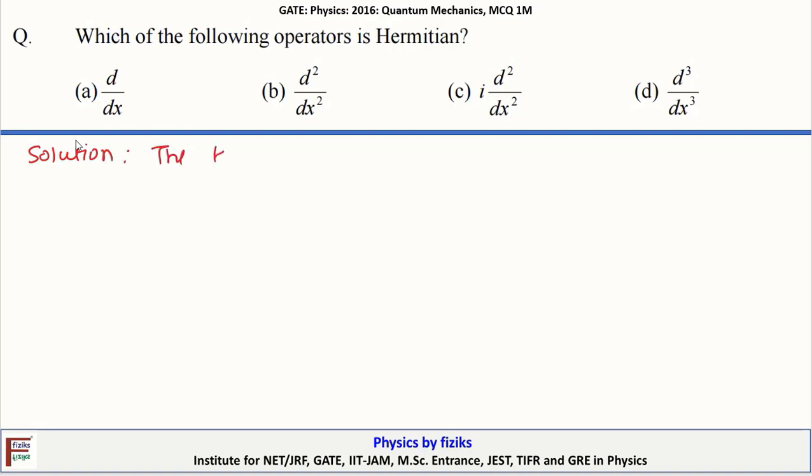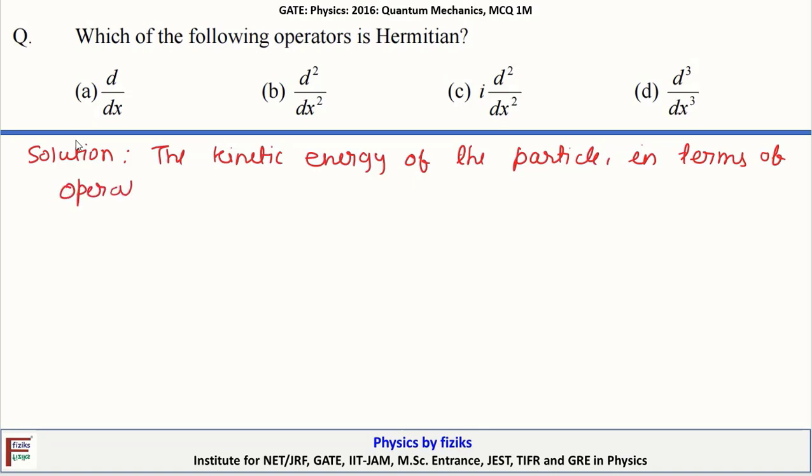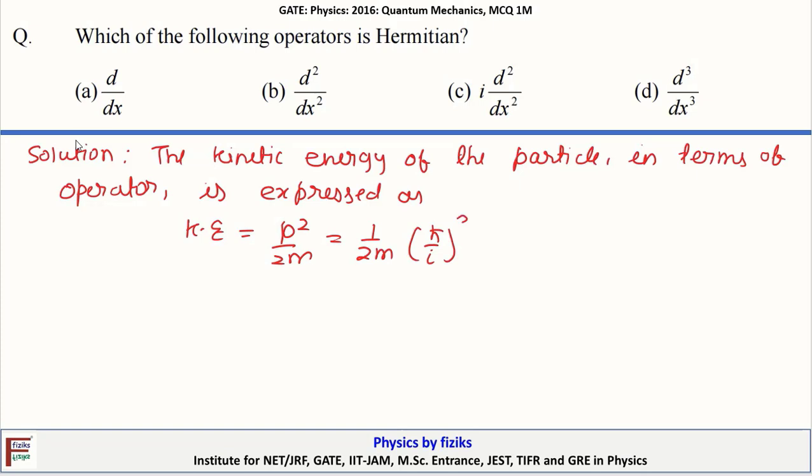The kinetic energy of the particle in terms of operator is expressed as minus h cut square by 2m into d square by del x square.